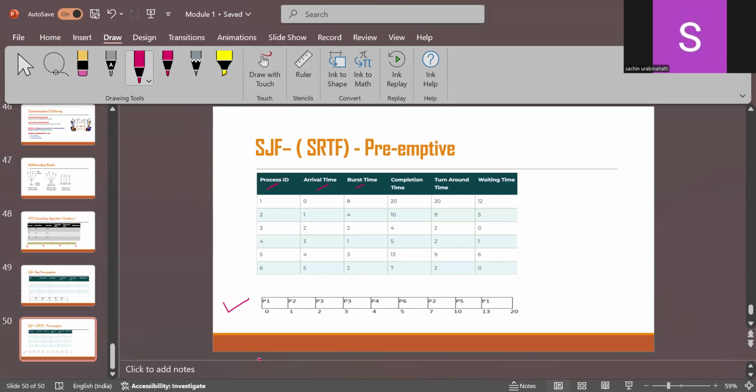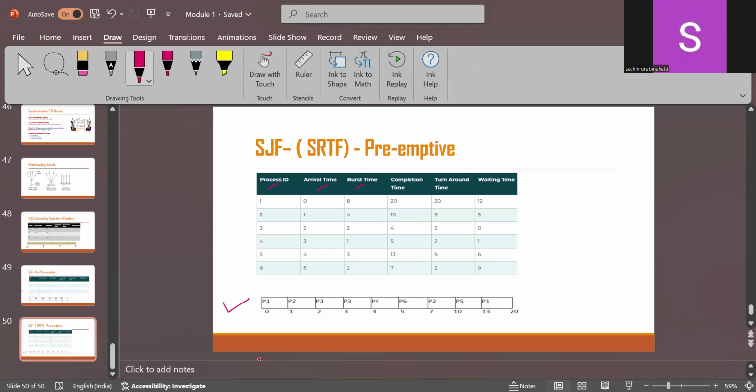As you can see, process P1 is arriving at the 0th time unit, so definitely that is the first process which will take control of the CPU. But till what time? Till the second process has arrived. The arrival time of the second process is the first unit of time.